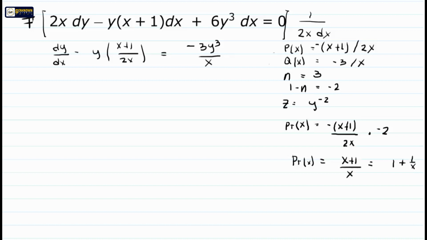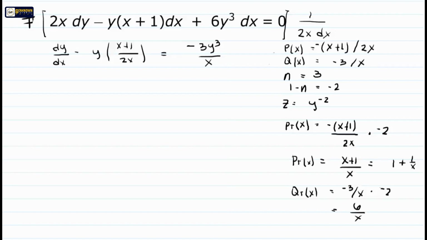So the reduced function of Q, we have negative 3 over x multiplied by 1 minus n, which is negative 2. So this is equal to negative 3 multiplied by negative 2, which is positive 6 over x.